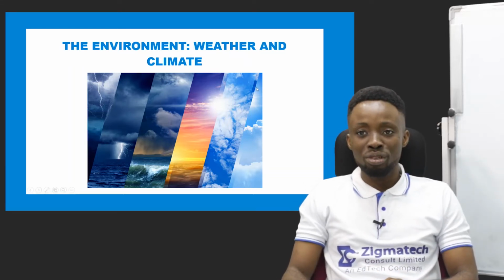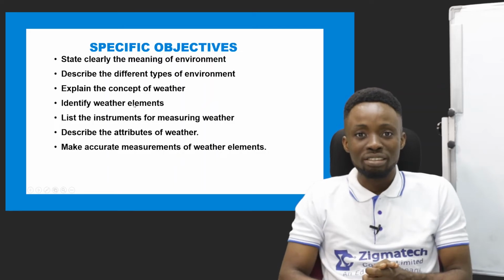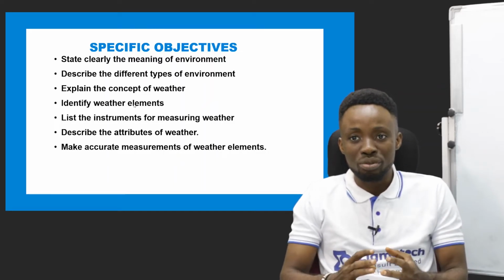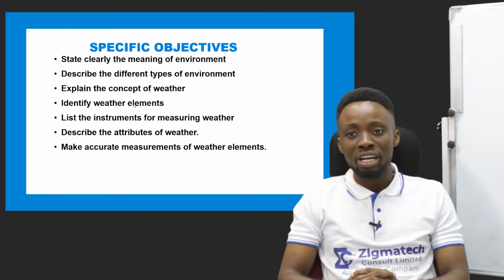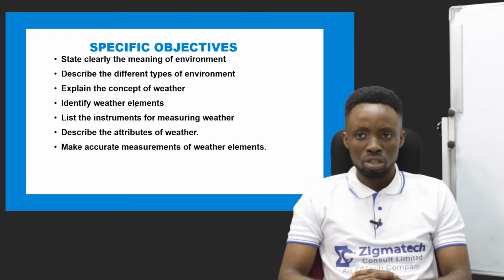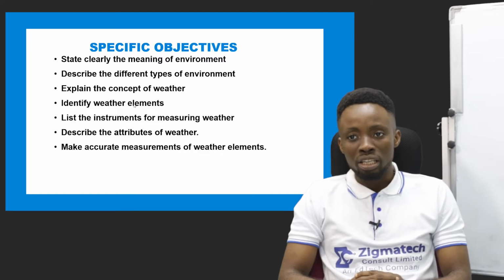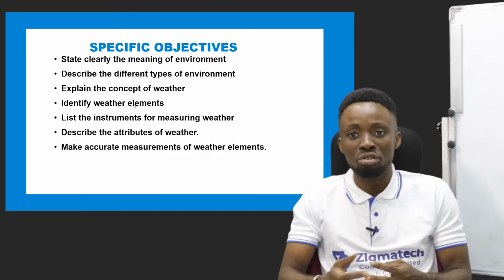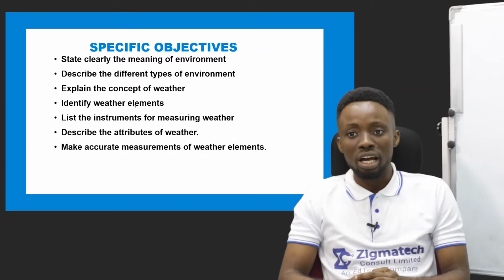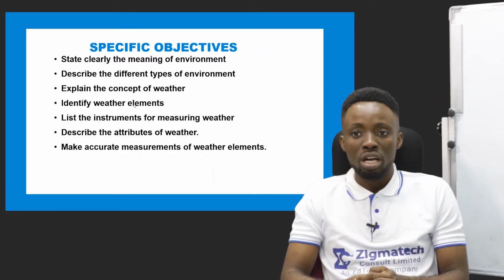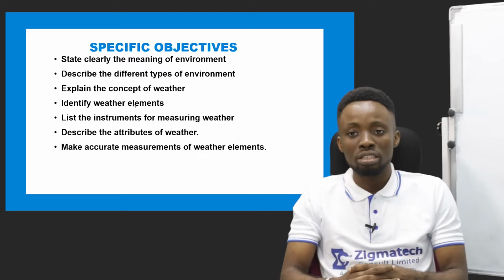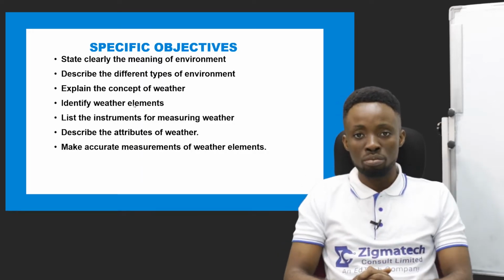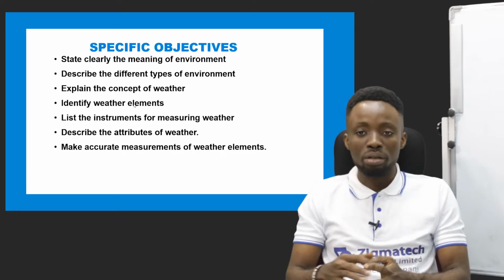So we are going to look at the meaning of environment first, and then we'll look at the types of environment we have, and then also we are going to look at the concept of weather and the instruments we use for measuring some weather elements, as well as the meaning of elements of weather. And then we are going to look at the attributes and look at how we can make accurate measurements with some of these elements of weather.